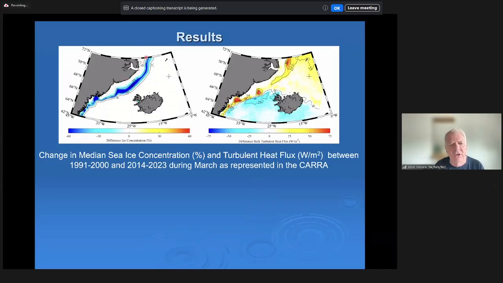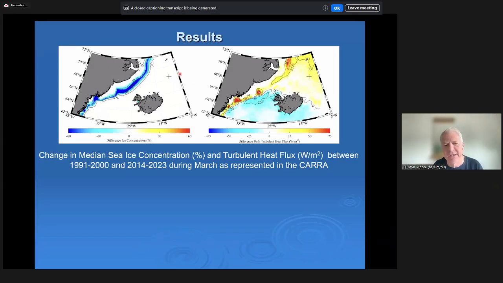Inshore, again, there's no loss of sea ice. So essentially, the marginal ice zone is just getting thinner. And again, you can see in the region of these two notches, there's this sort of extension of this region of loss towards the coastline in these two regions here. And this is now just the change in the turbulent heat flux, later versus the earlier.